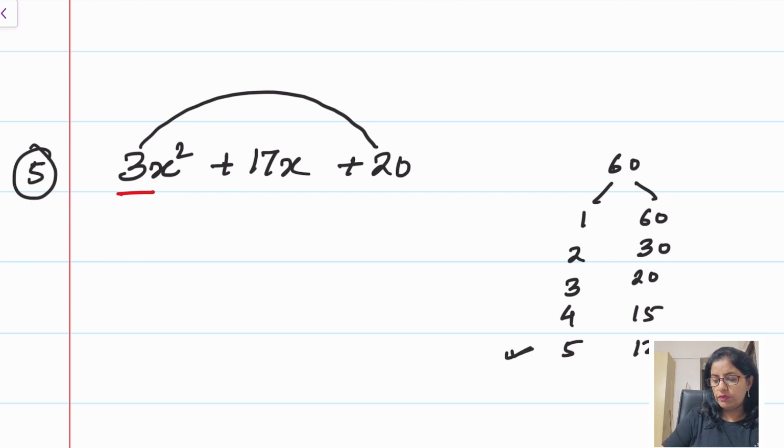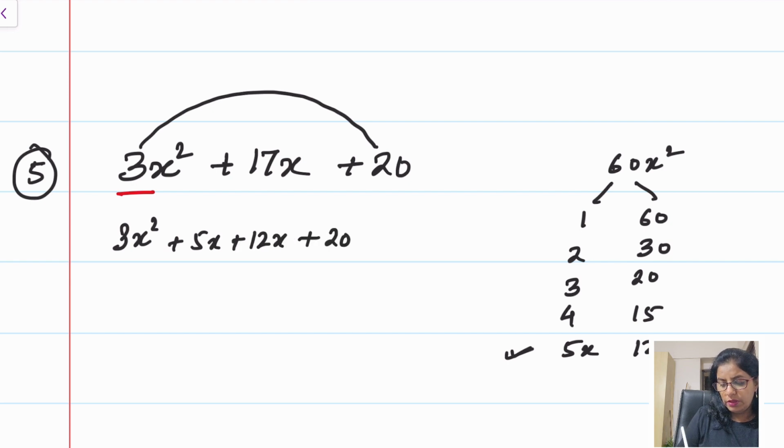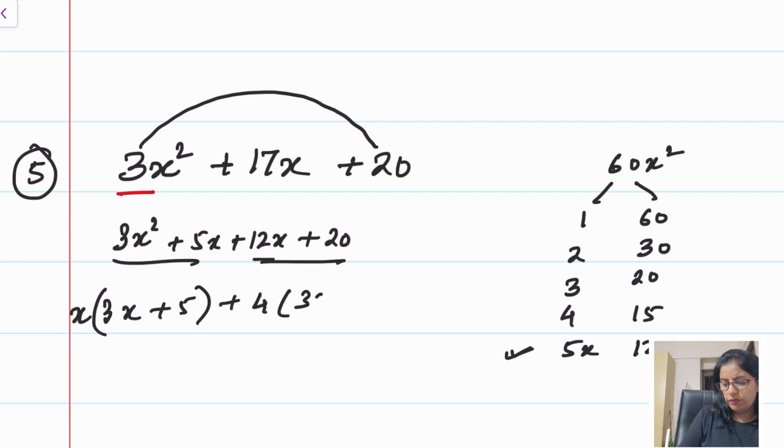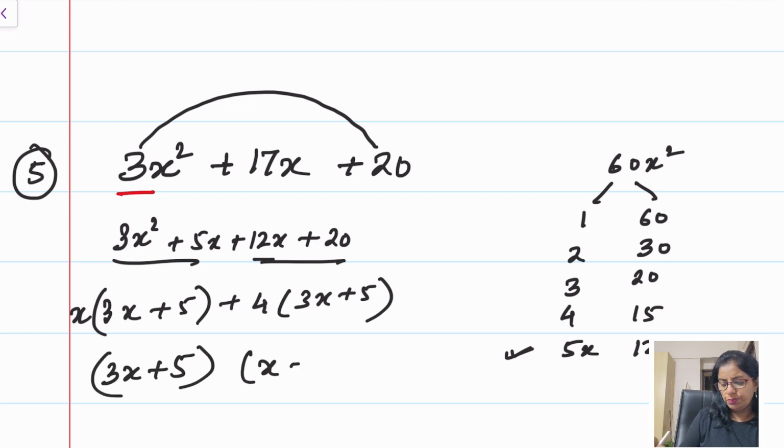Since it's a positive number, our factors will be of similar sign. So 3x square plus 5x plus 12x plus 20. We see x is common, so we take x times 3x plus 5 here. We can see 4 common here, so 4 times 3x plus 5. 3x plus 5 again is a common factor. What remains inside is x plus 4.